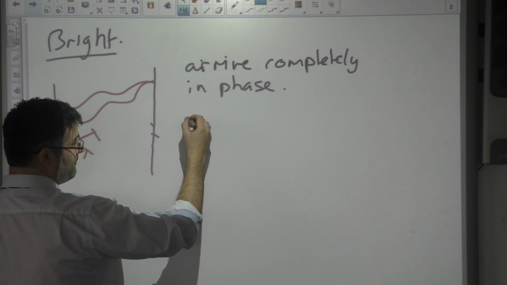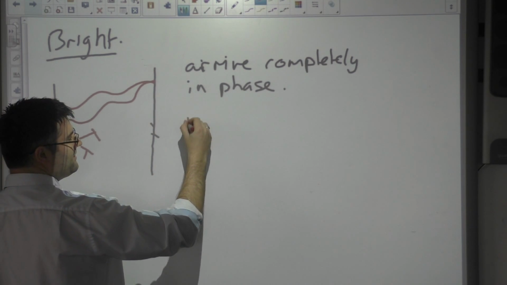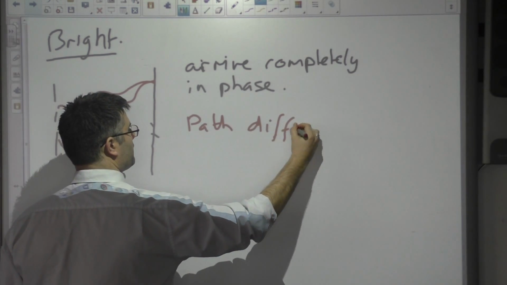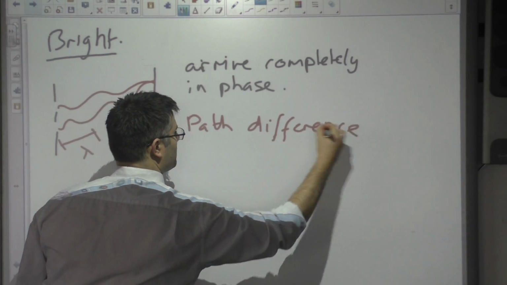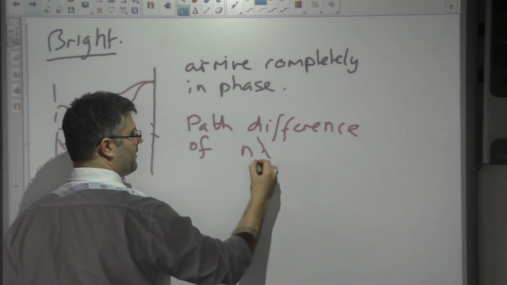So where they arrive, one wave has had a path difference of n lambda.